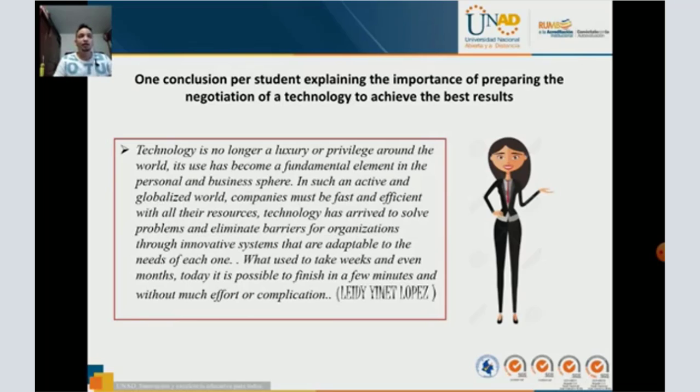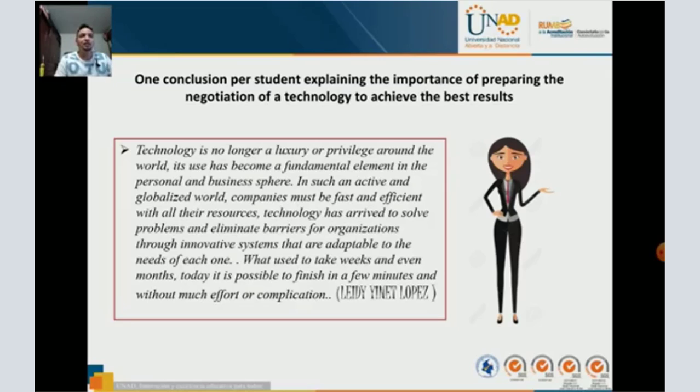One conclusion. Lady Jeanette López. Technology is no longer a luxury or privilege around the world. Its use has become a fundamental element in the personal and business spheres. In such an active and globalized world, companies must be fast and efficient with their resources.